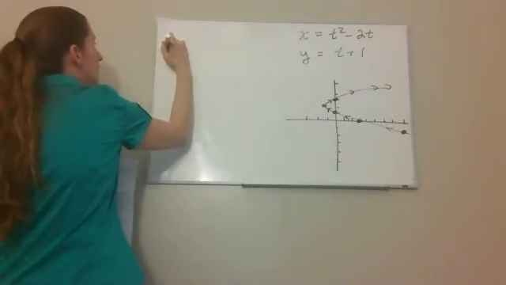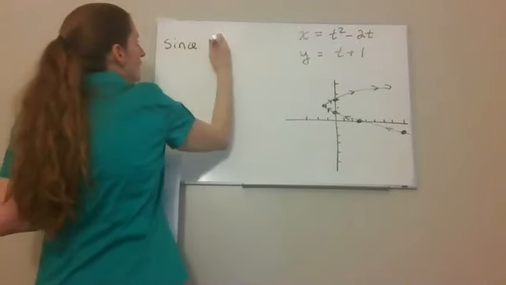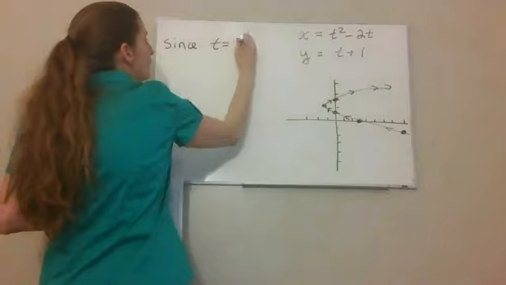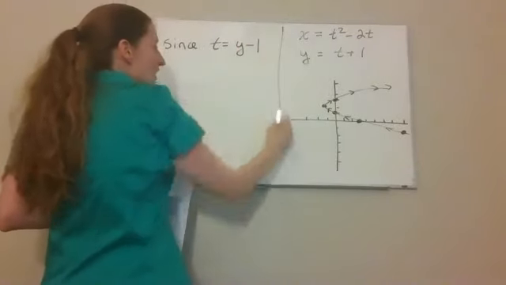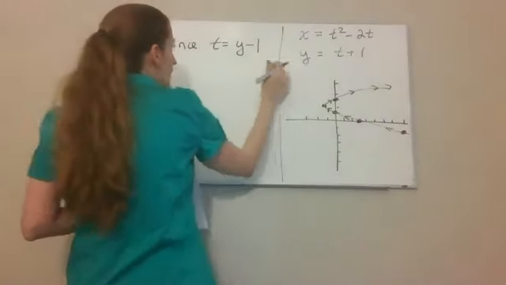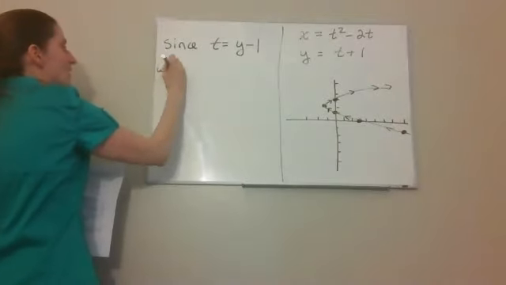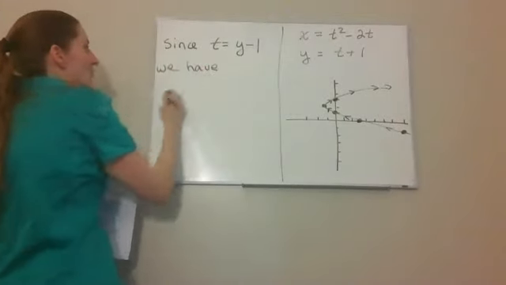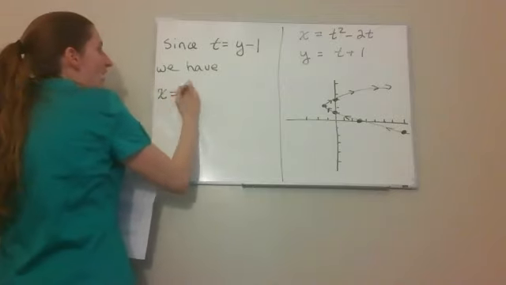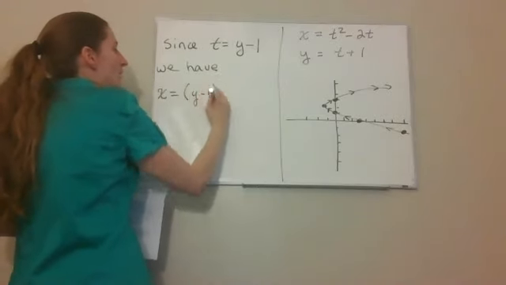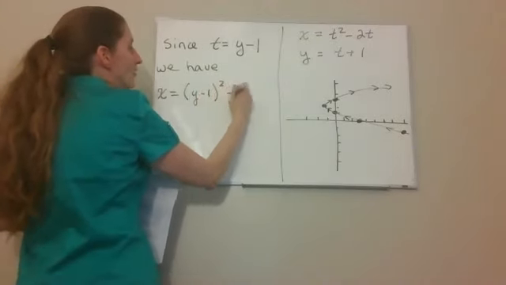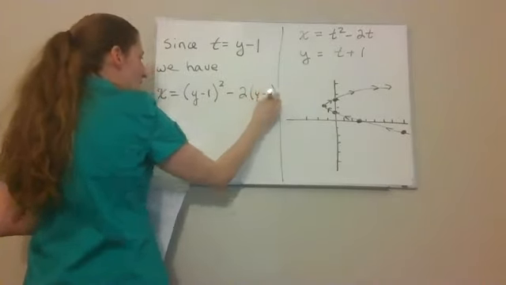So, since t is equal to y minus 1, which I get by taking my y equation and solving it for t, we can take that and plug it into the other equation. x equals y minus 1 squared minus 2 times y minus 1.